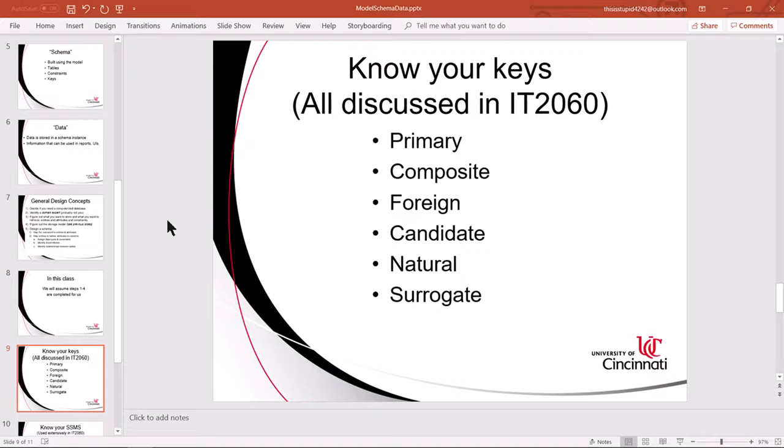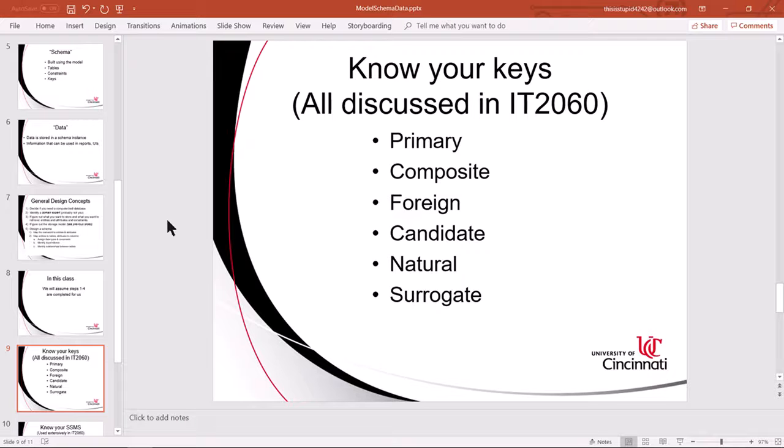In order to be good at this, in order to get an effective, useful schema, we need to know our keys. And I refer you back to your work in the previous class, the prerequisite IT 2060. I will be using these terms throughout my presentations. Make sure that you know what they mean.